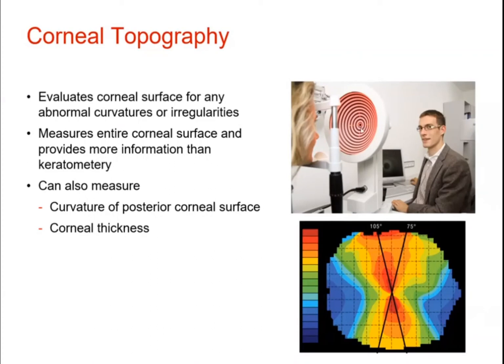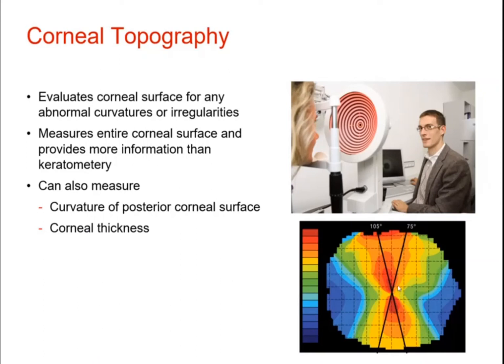So there are no Placido rings in the center that are able to measure the corneal center. So how it achieves the keratometry is by using a simulation of the K readings based on the curvature of the cornea from the periphery. They extrapolate the values to the center and then provide a simulated keratometry value.